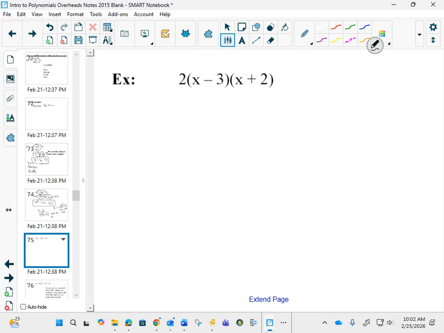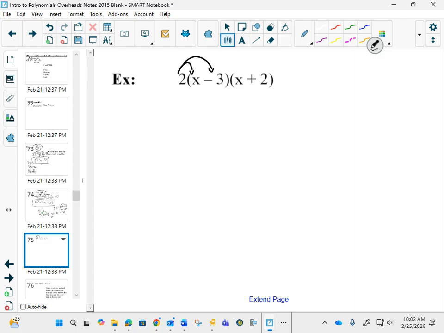Okay, this one is a little trickier, okay? Because we have that number 2 outside. You could either... We'll see what Mr. Sherk prefers. I'm going to just trust my gut on this. I might distribute this 2 first.